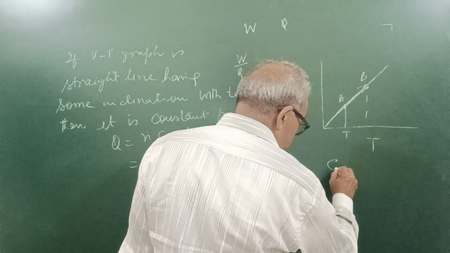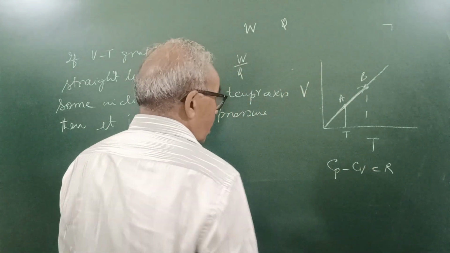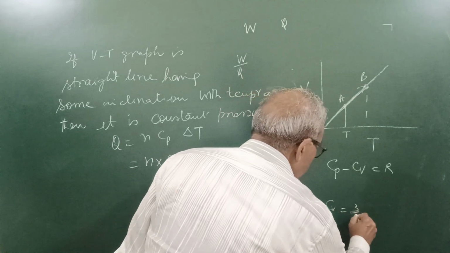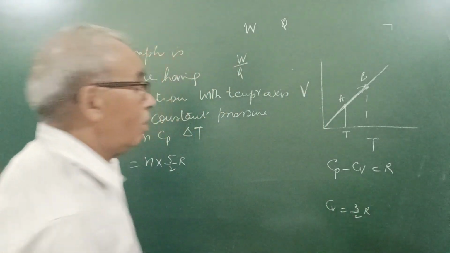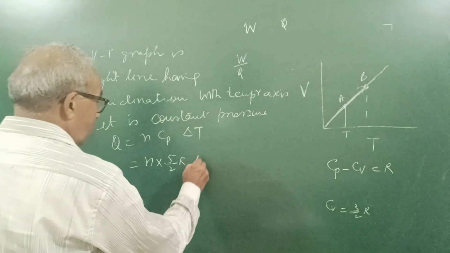Cp minus Cv equal to R. For a monoatomic gas, Cv equal to 3 by 2 R, because Cv is f by 2 R, and for a monoatomic gas the degrees of freedom is 3.